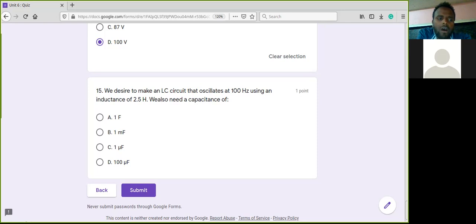You can use the resonant equation where XL is the same as XC, yes? Frequency will be 1 over 2 pi radical LC. Therefore calculate for C.